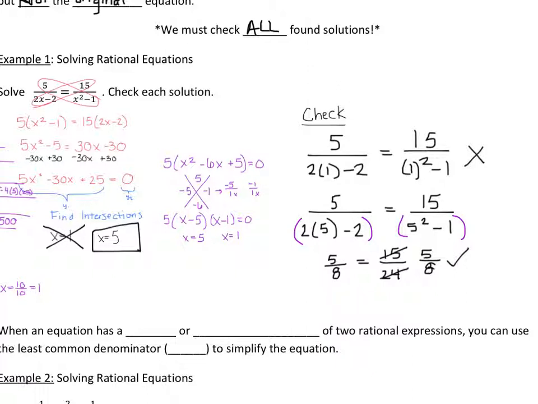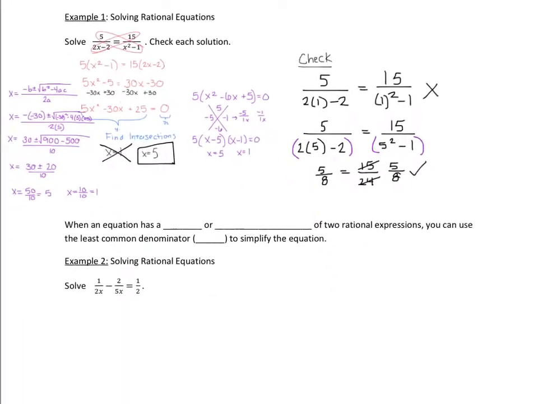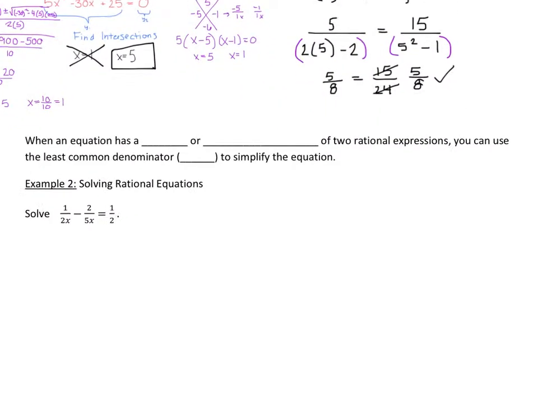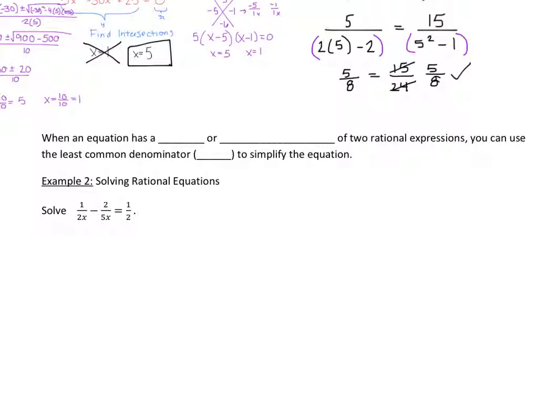All right, so the next one, it's kind of using what we did yesterday. When an equation has a sum or difference, meaning addition or subtraction, of two rational expressions, you can use the least common denominator, or LCD, to simplify the equation.